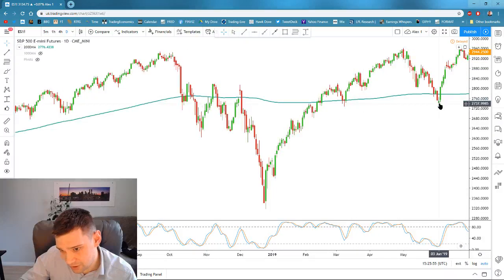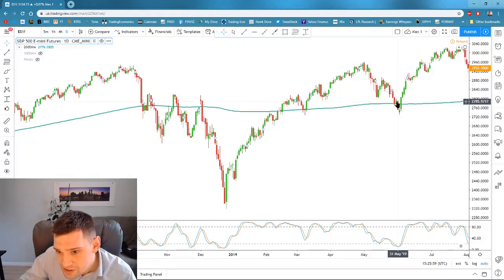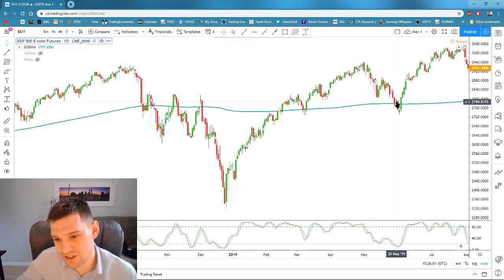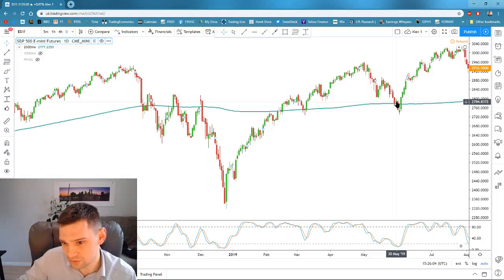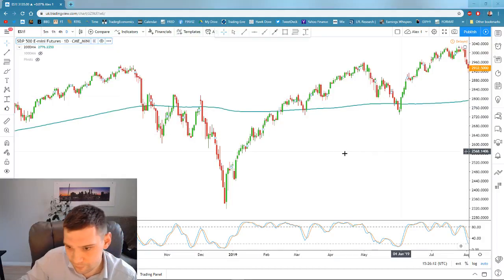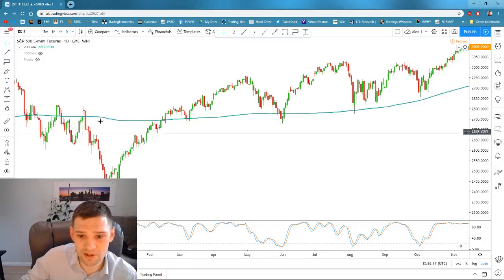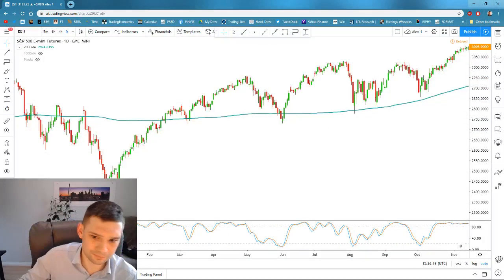And again, we come below the moving average, and then we come straight back up again. See this little green candle? That's not a bullish candle pattern. It is a green candle, but it's not a bullish candle pattern. This is the bullish engulfing candle here, straight back up above the moving average. And again, another winner, but that one would have been a winner anyway.